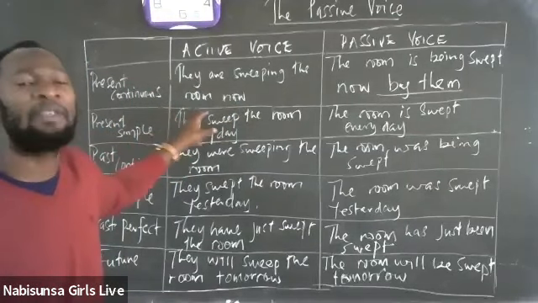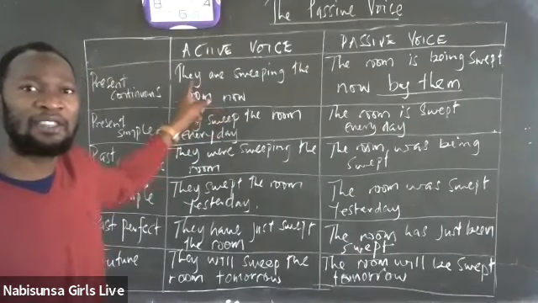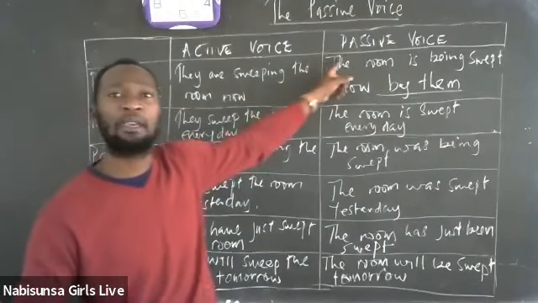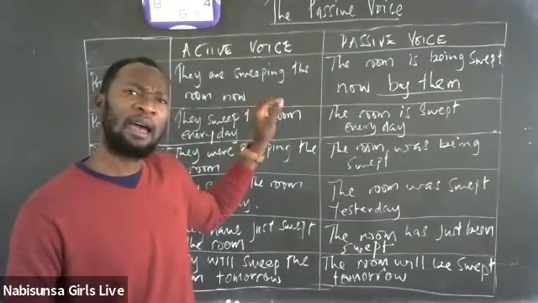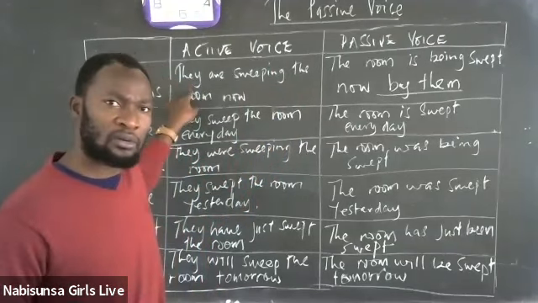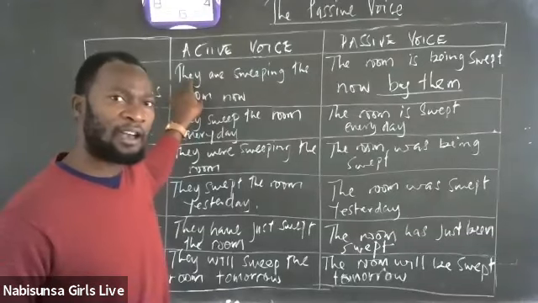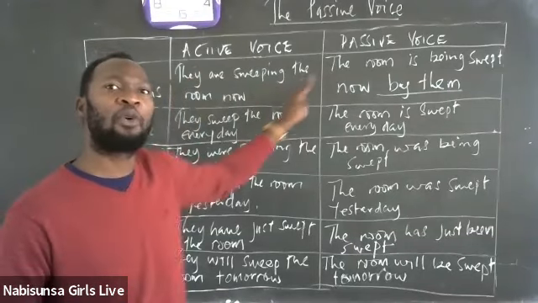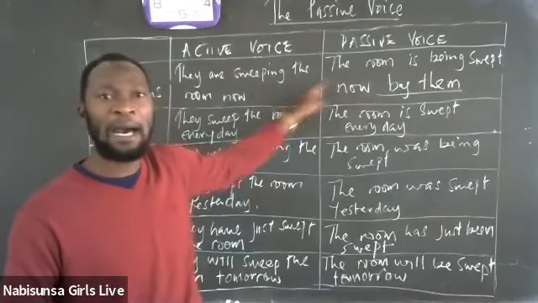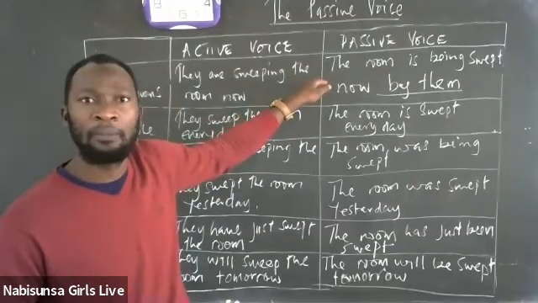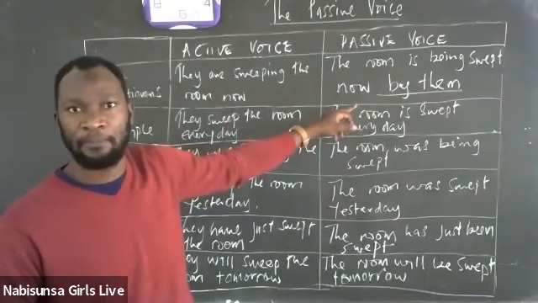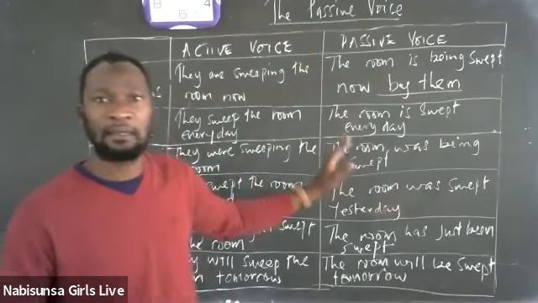And number two, they are all sentences expressing the same thing about sweeping the room. What is different here is the doer of the action. The doer of the action, who is the subject, has been forgotten here. But we still have the sweeping of the room at that very time. So that is what is important.